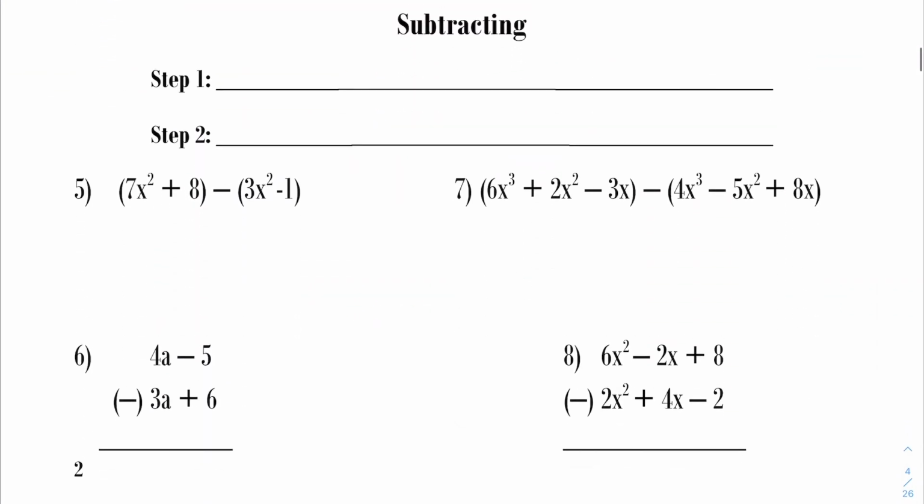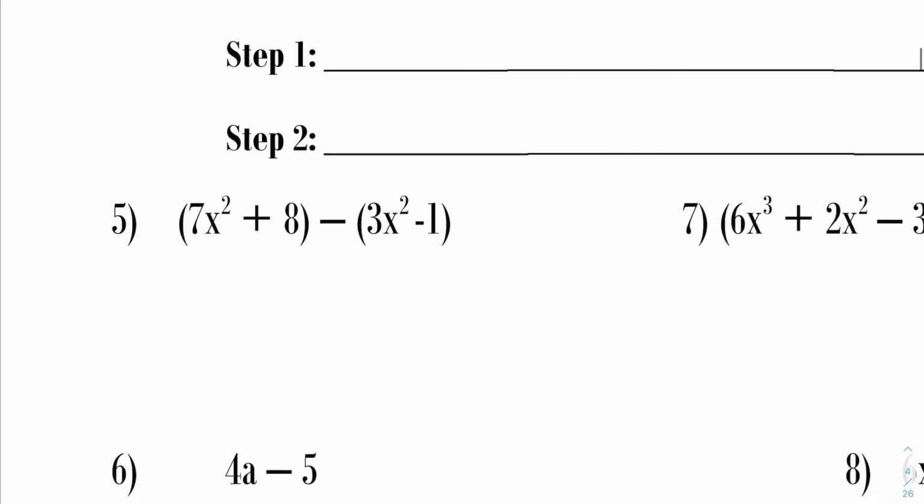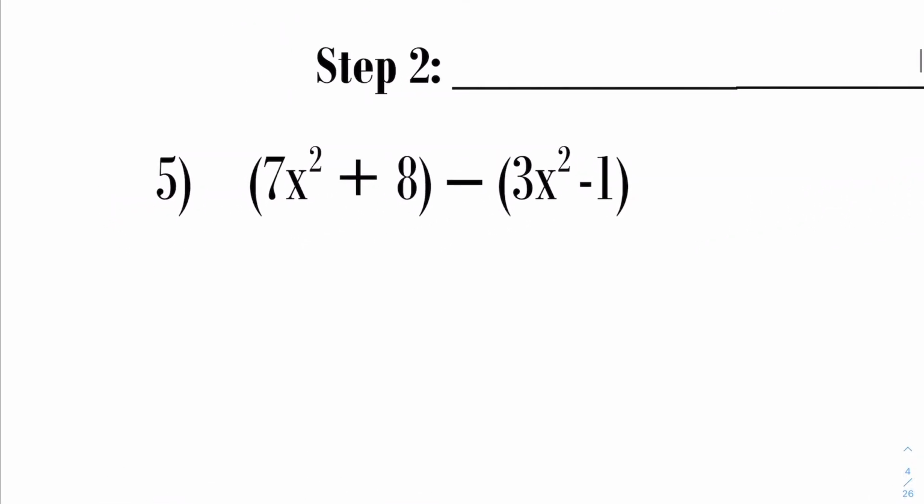Let's go to subtracting. It's pretty much the same thing, since subtracting means adding the opposite, adding the negative version. 7x squared plus 8 has nothing in front, so let's just rewrite that. This minus 3x squared has a negative sign in front, so we have to distribute the negative sign. Minus 3x squared plus 1.